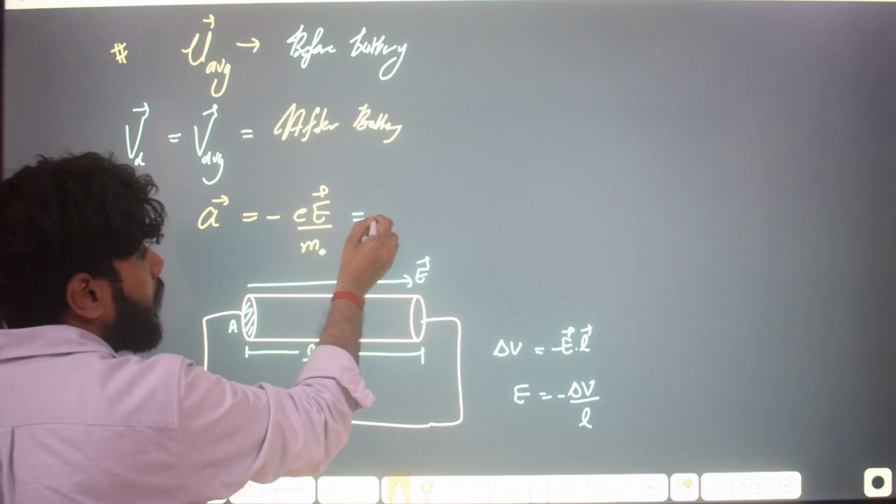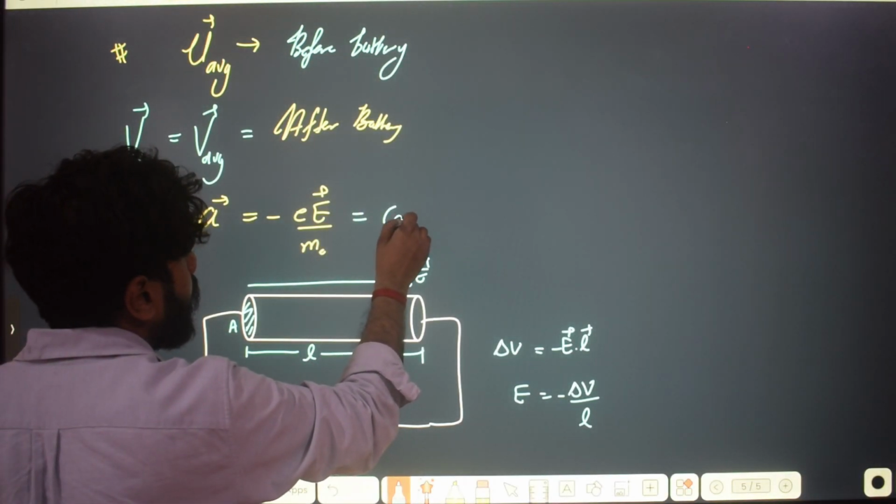The charge and mass of the electron are already constant, so this whole thing becomes constant.